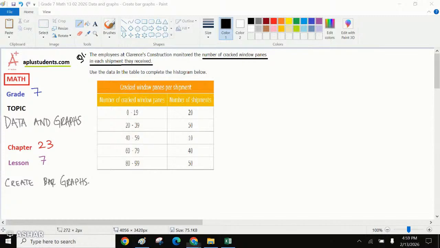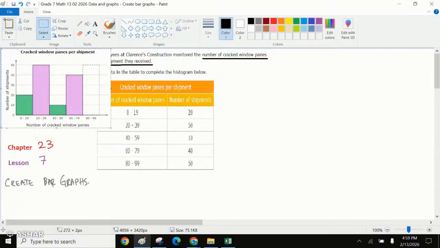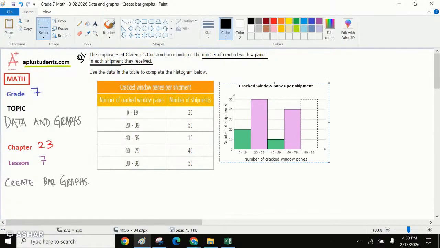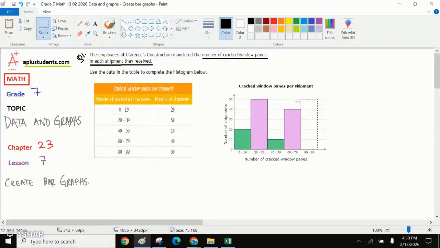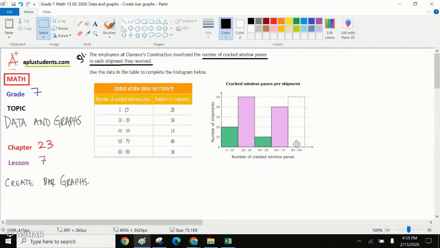We need to remember that there's a difference between a histogram and a bar graph. The difference you'll find is that in a histogram, the bars will never have gaps in between.